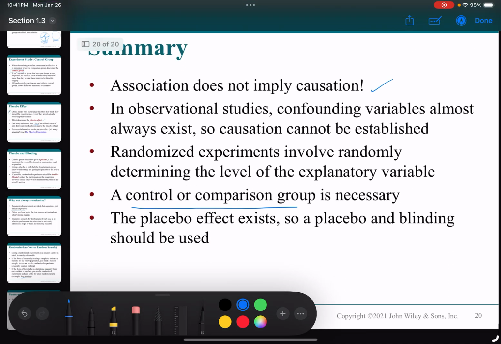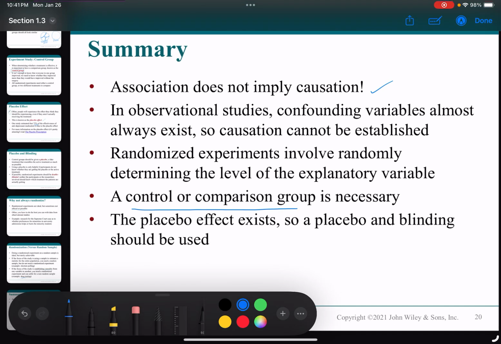So that's it for section 1.3. There are no problems that we need to solve using this part, but you should get the idea. That's all you need. You must have the idea about these experiments.